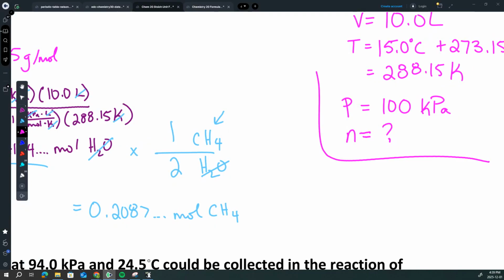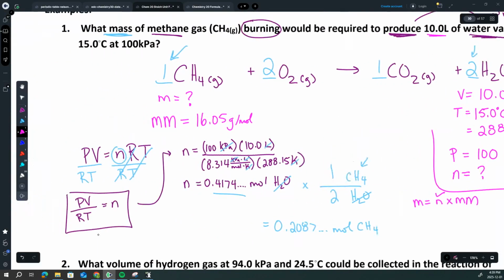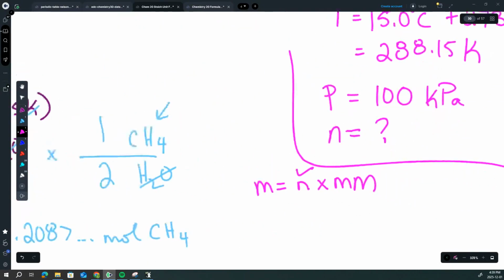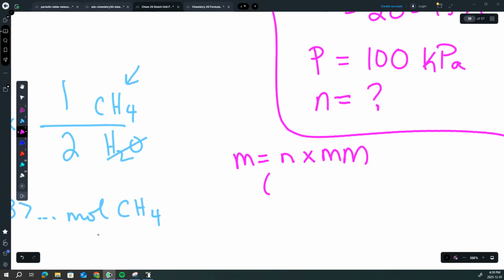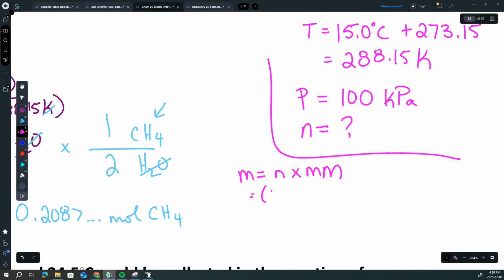Maybe I should draw a line right here. So mass is equal to moles times molar mass. Okay, so we already have moles of methane. We already figured out molar mass, so all we need to do is just plug in the numbers and multiply them.